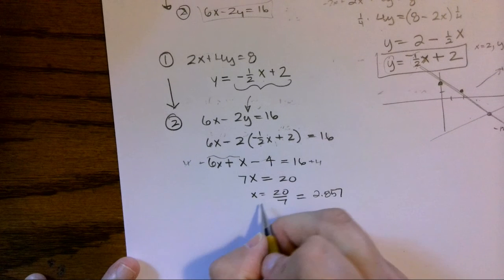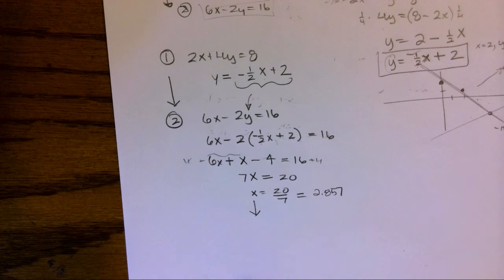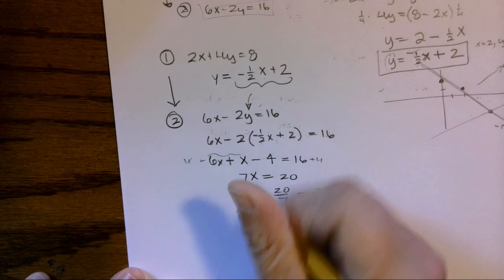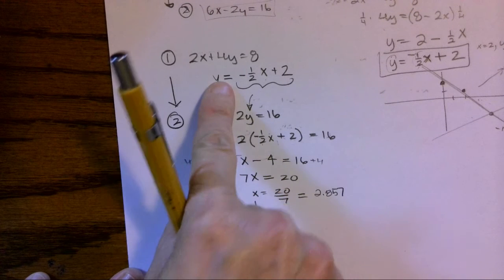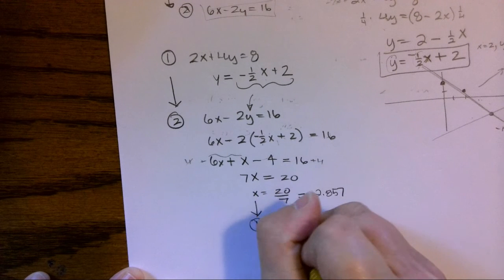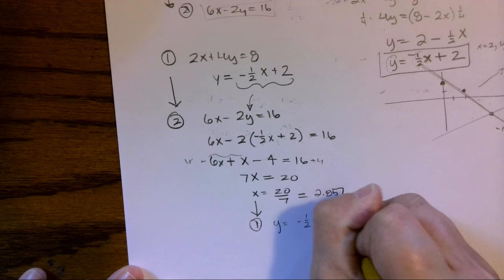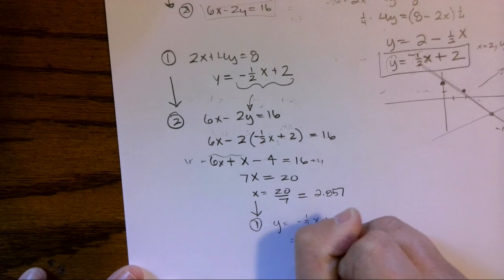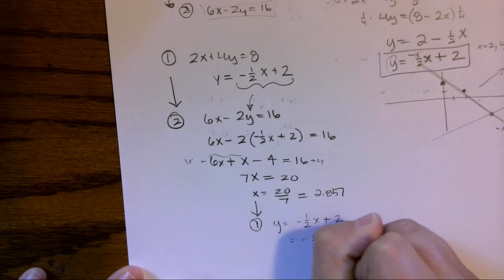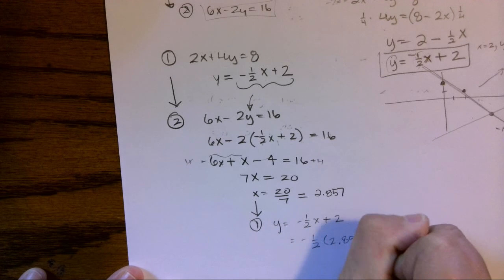Okay, so now to find y, how do I find y? We are going to plug this back into equation 1, because you can see it's already written in terms of y. y equals negative 1/2 x plus 2. So I have negative 1/2 times 2.857 plus 2.